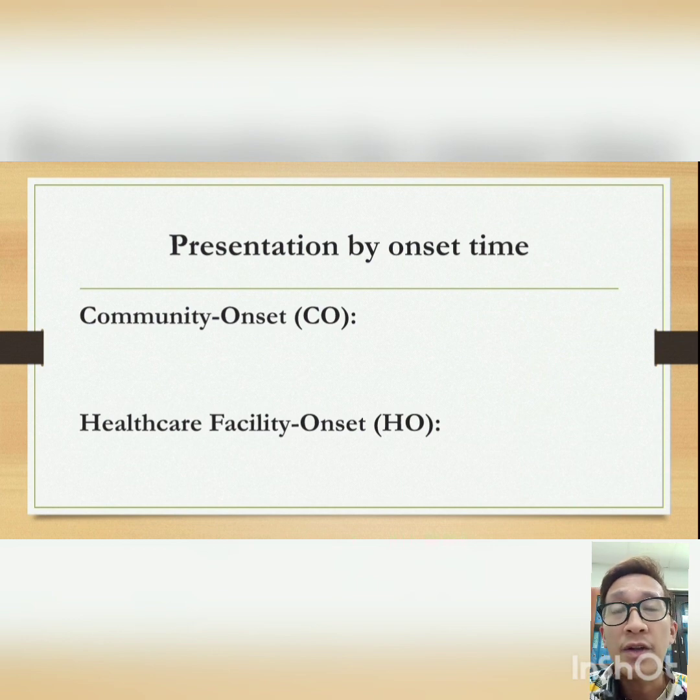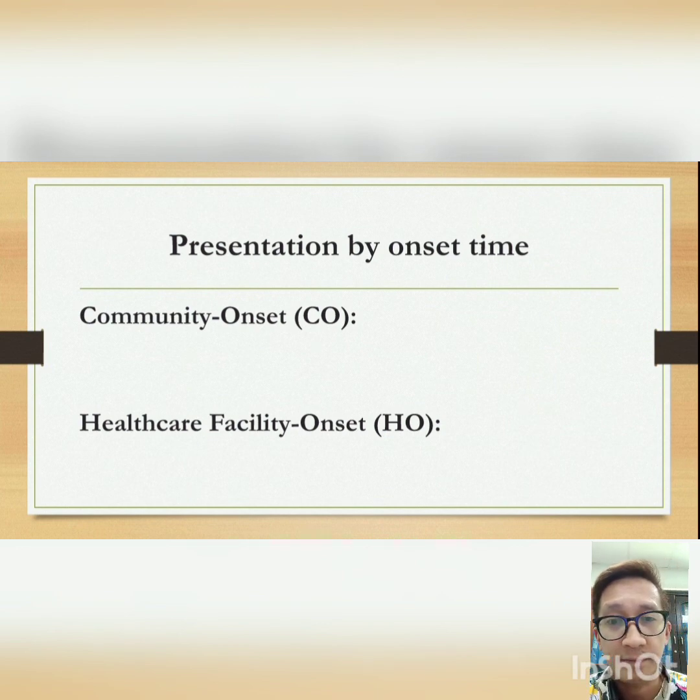While healthcare facility onset, these are MDRO specimens collected greater than 3 days after admission to the facility, like on the 4th day of admission, so on and so forth. So community onset is from admission until 3 days, healthcare facility onset on the 4th day of admission, so on and so forth.